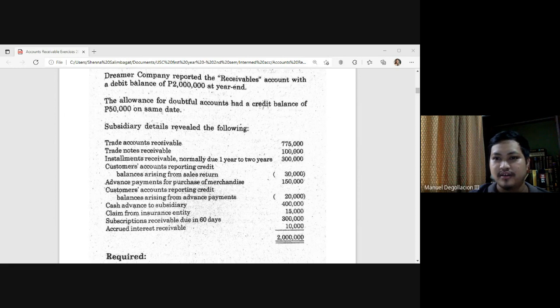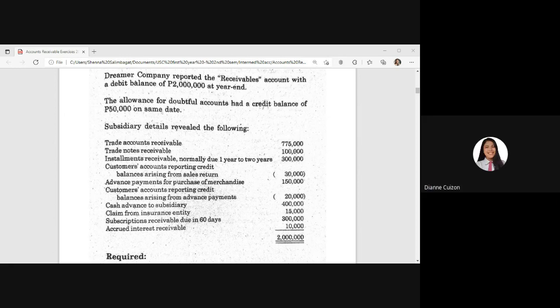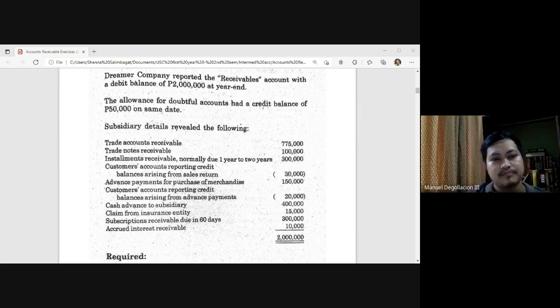Still you, Ms. Kizon. The cash advance to subsidiary, sir, should be classified as a non-current, sir, and presented as a long-term investment, sir. So it is not included in the current asset. So your cash advance to your subsidiary, class, would be normally classified as a non-current asset.